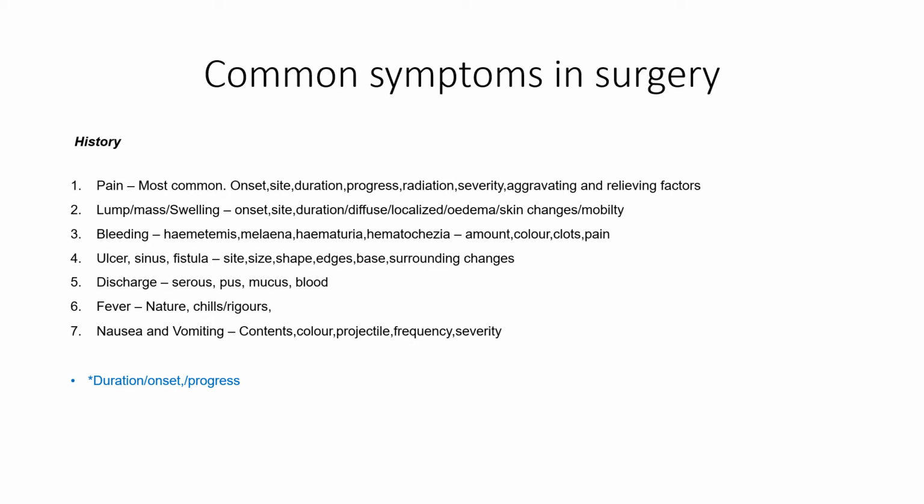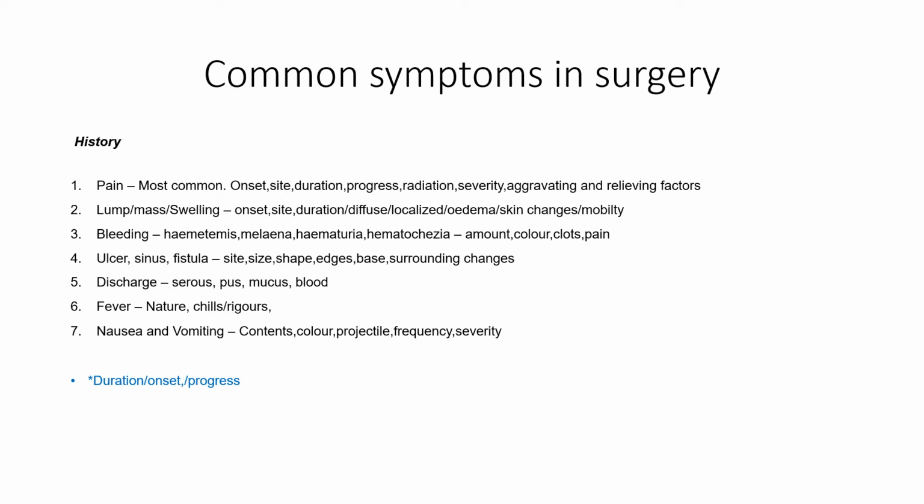As for the nausea and vomiting, it is very important to find out the color, contents, projectile or otherwise, the frequency of vomiting or the severity of the vomiting. As for the fever, it is important to know the nature of the fever and the associated chills and rigors, because certain conditions give chills and rigors more than the others.